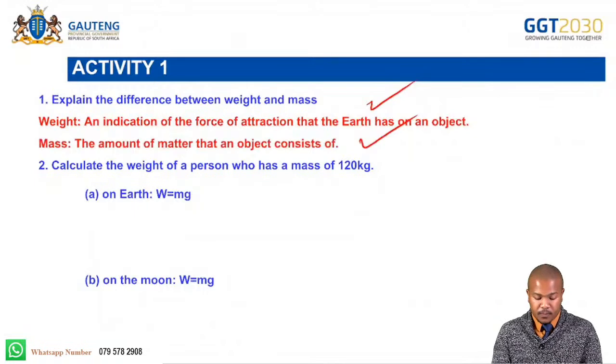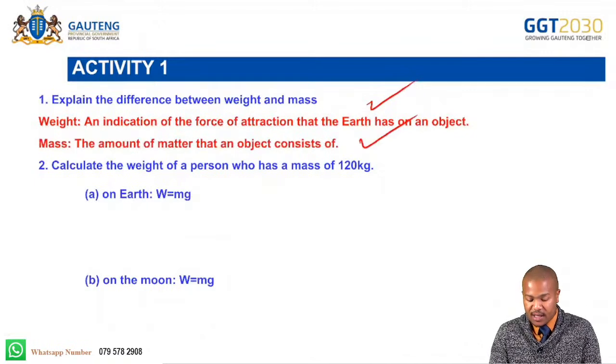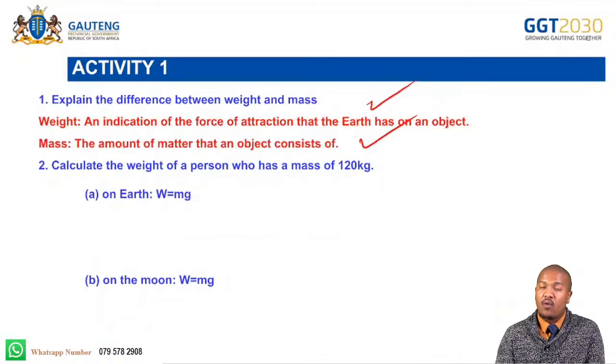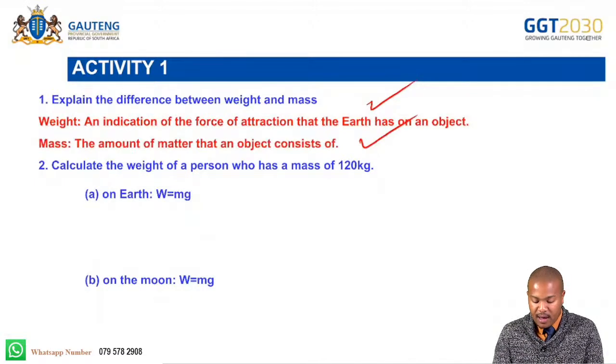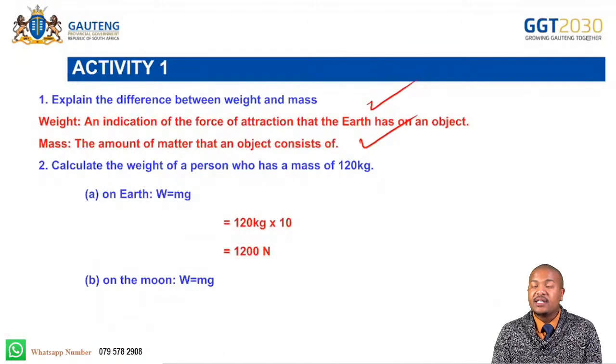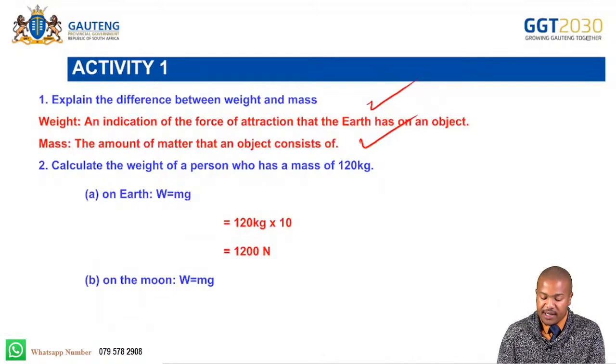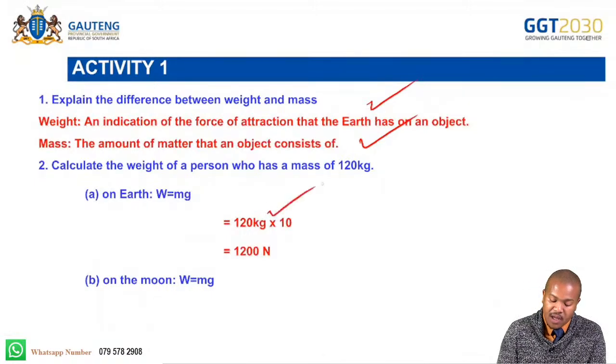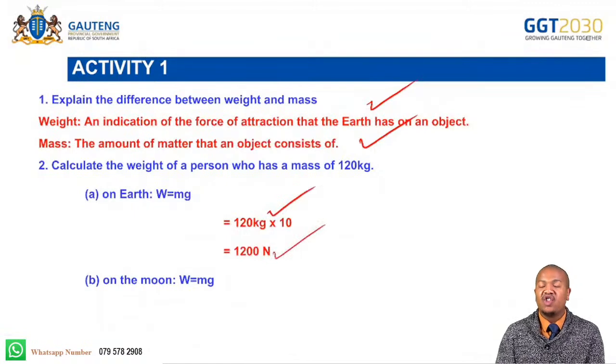Then number 2, calculate the weight of a person who has a mass of 120 kilograms, A on Earth, right? So here we have the formula. When looking for weight, we say what? Mass multiplied by gravitational force, right? So the answer is 120 kilograms multiplied by 10 to give us what? 1,200 newtons, right?